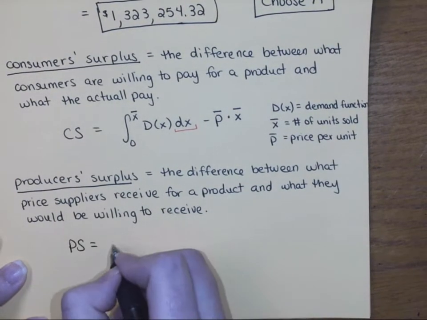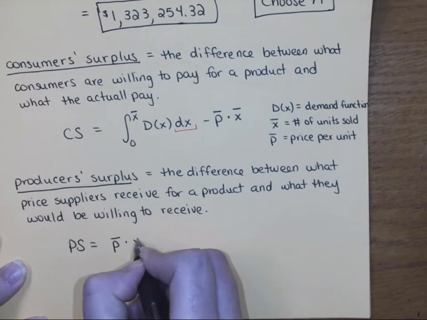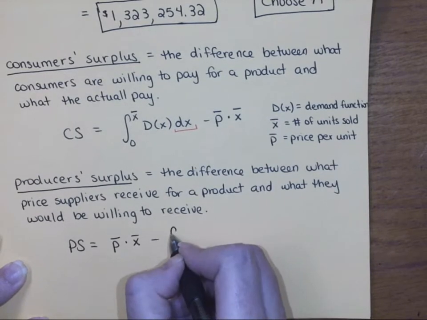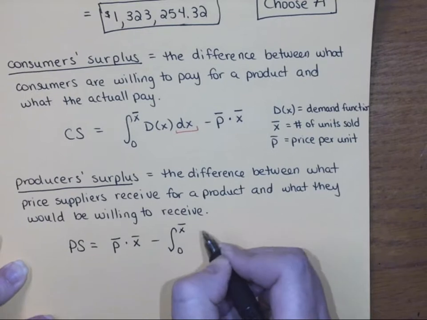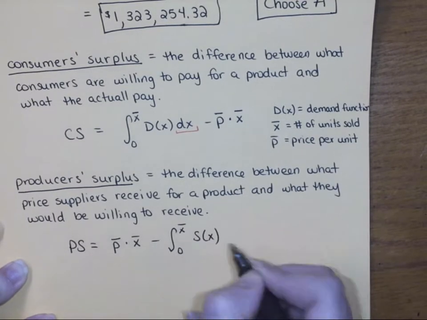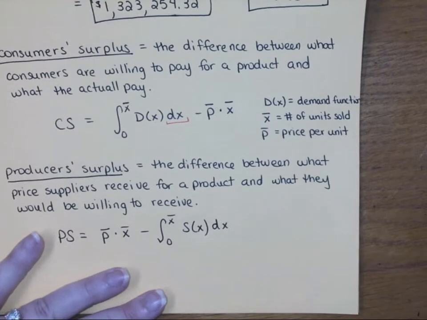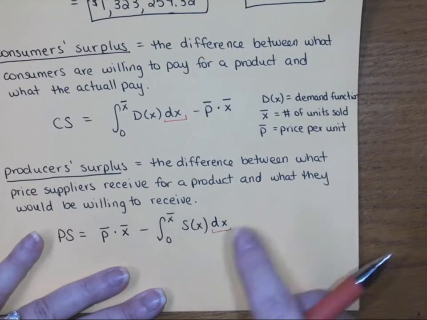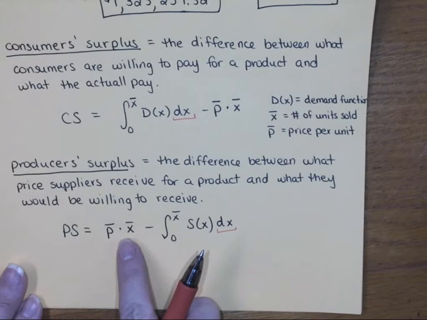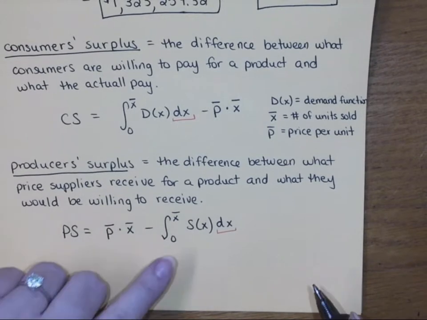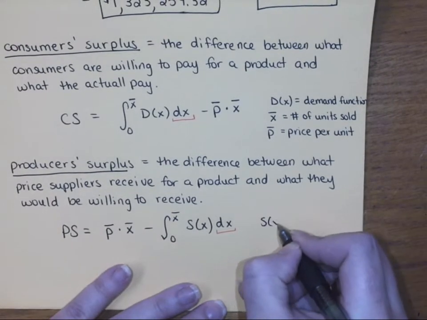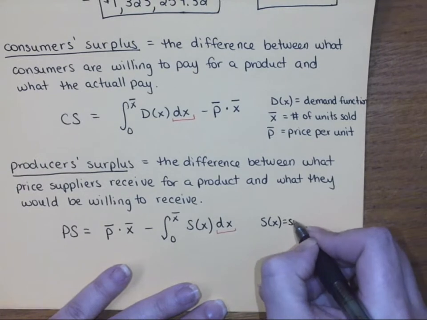So the producer's surplus is P times X minus the integral from 0 to X of capital S of X. Notice the differences here: instead of subtracting this amount, it goes to the front. And instead of talking about a demand equation, we talk about a supply equation.